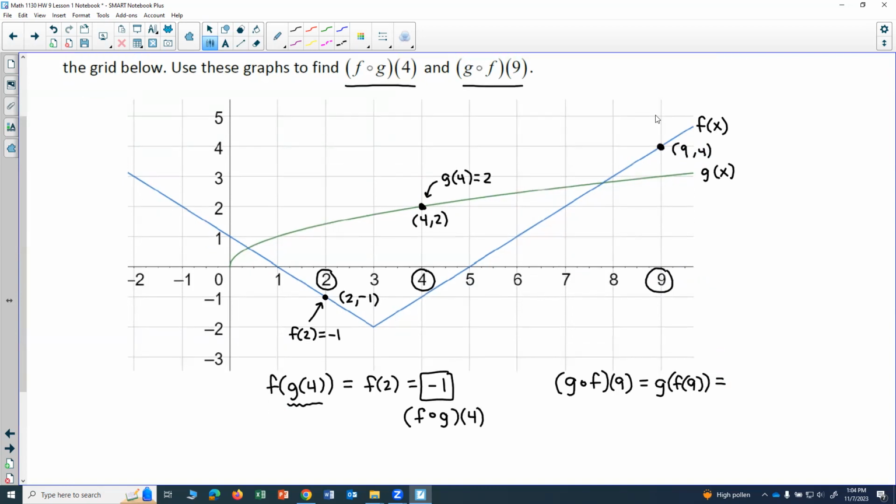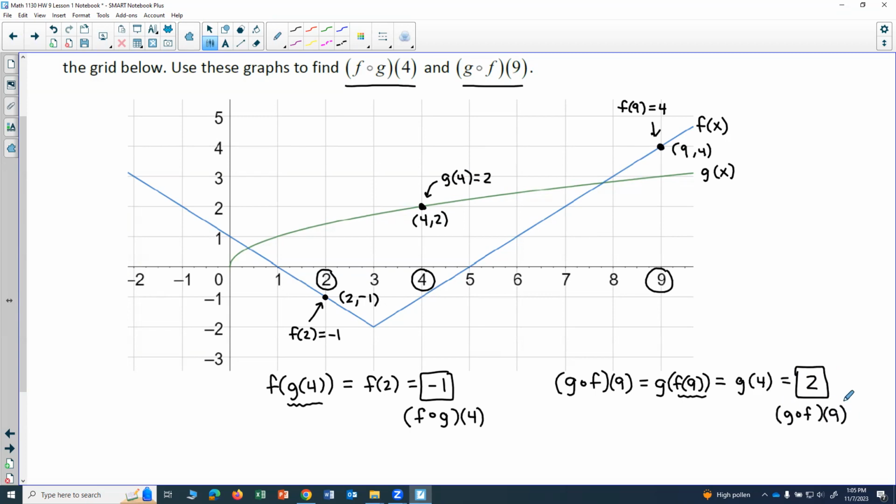And so this is telling me that f of 9 is equal to 4. So now this becomes g of 4 down here, because f of 9 was equal to 4. So now I go to x equals 4 and go to my g function. I know g of 4 is equal to 2. And so that will be my result for g of f of 9.